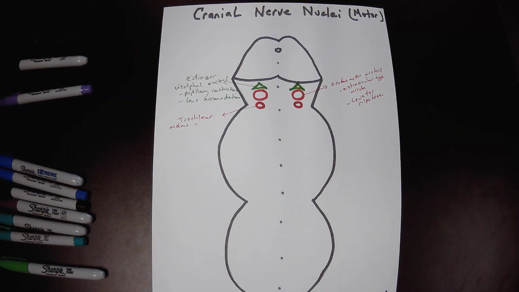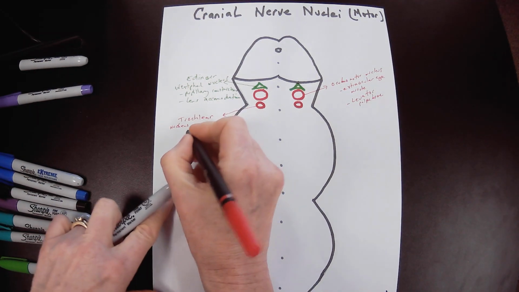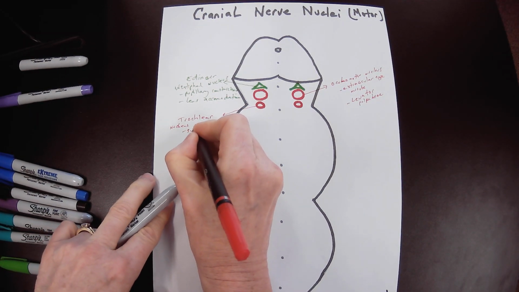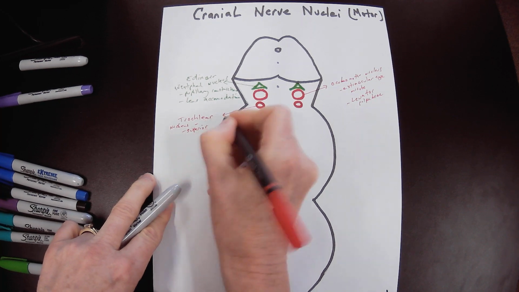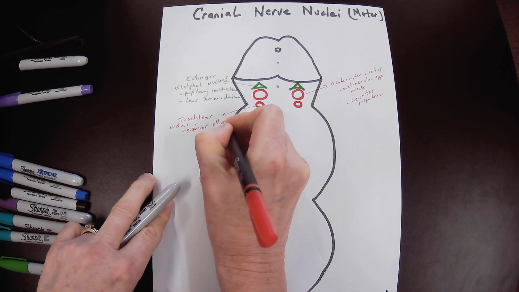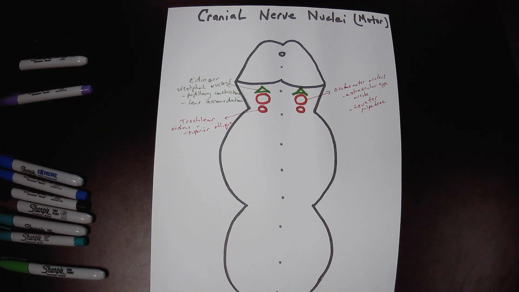And what muscle does cranial nerve number 4 innervate? Superior oblique, right. So it has one job in life, that is to innervate superior oblique. Cranial nerve number 4. Okay, so 3, 4, coming down.